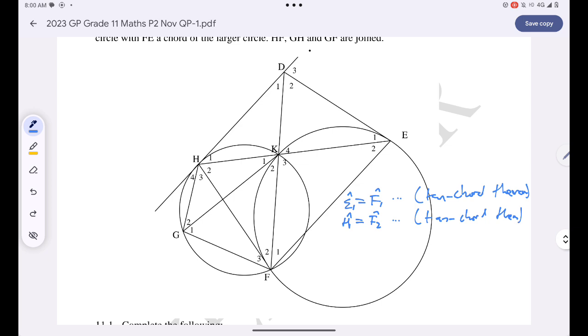So I can simply say that angle HFE is just equal to E1 plus H1, because I've just proven that. But what do I know? I also know that angle D3 is equal to angle E1 plus H1. I've proven this in the first question.